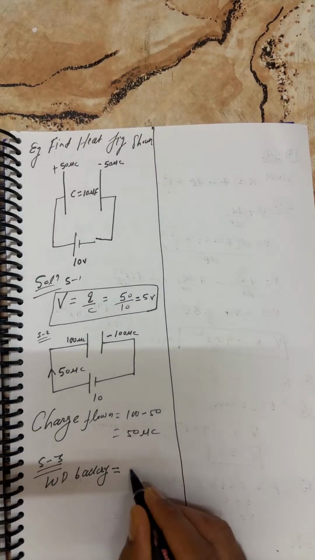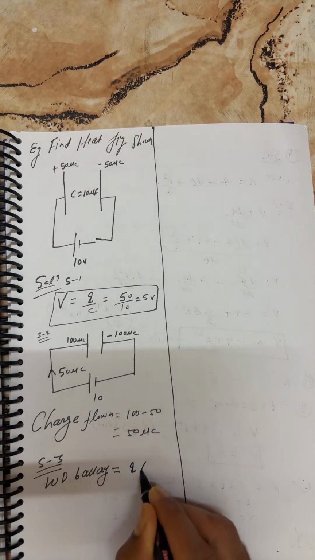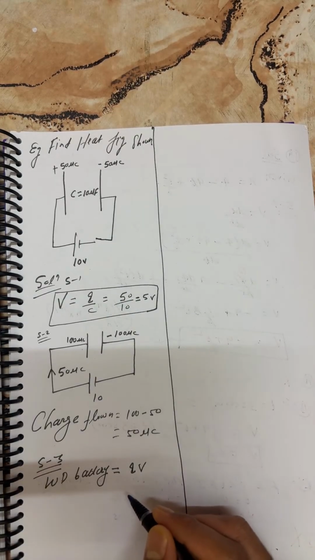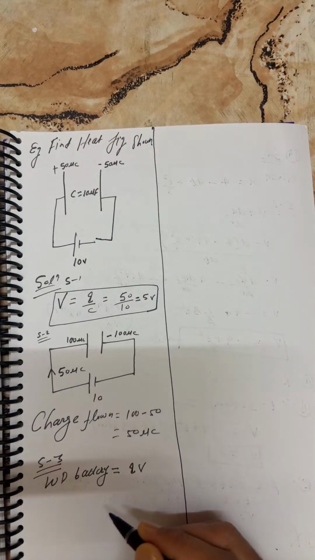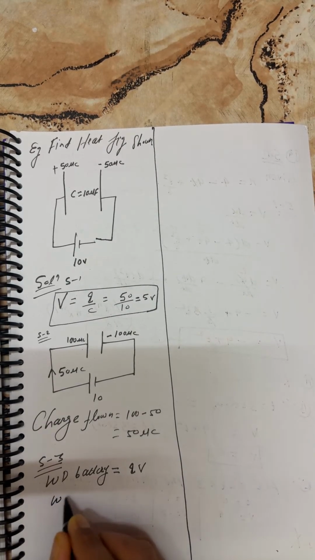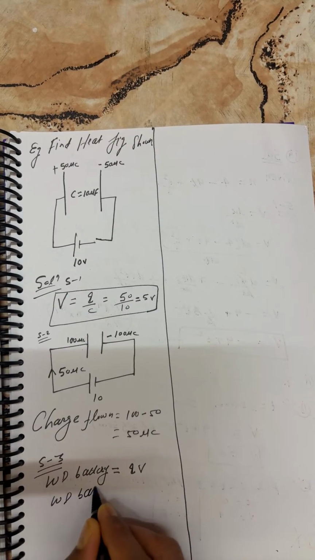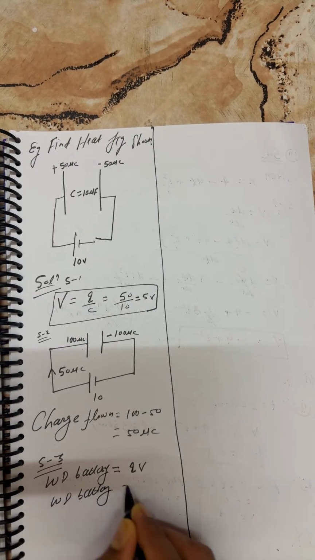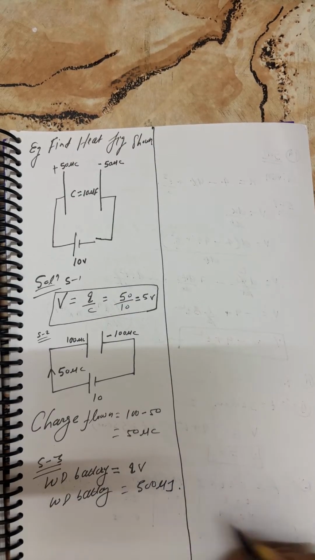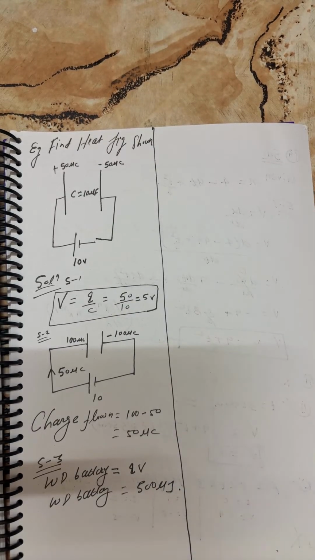Q into V. So you can say 50 into 10 here. So work done by battery is equal to 500 microjoule, right?